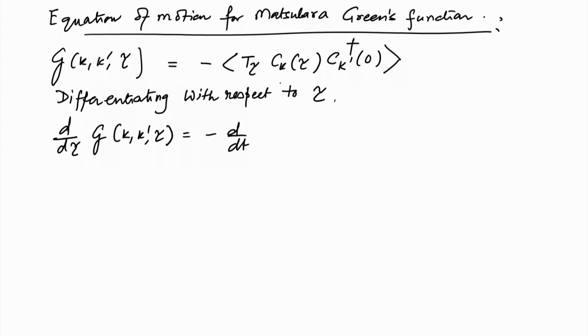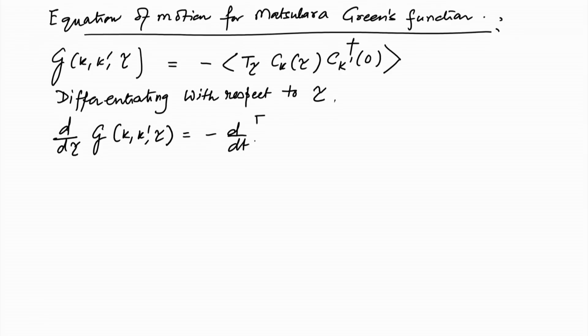Now, this time ordering, as we know, can be easily replaced by the theta function. So, we will do that: theta of tau c_k(tau) c_k prime dagger(0) and minus theta of tau, we have been writing it as capital Theta. Let us write it a little neatly here.